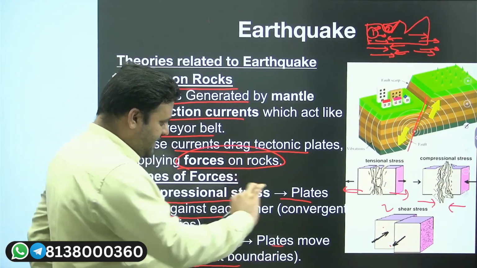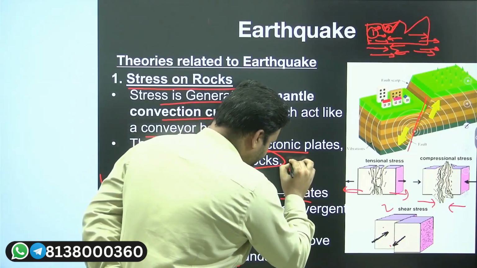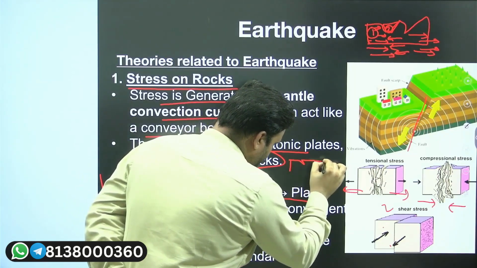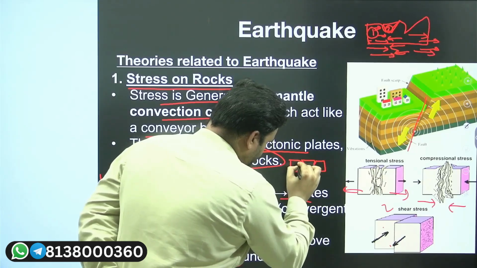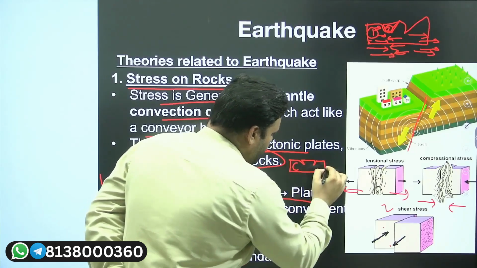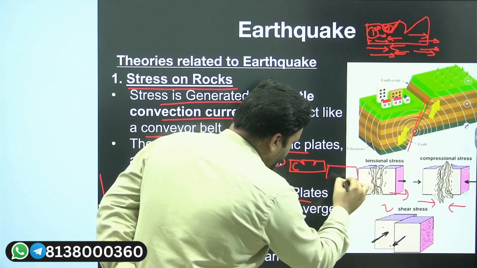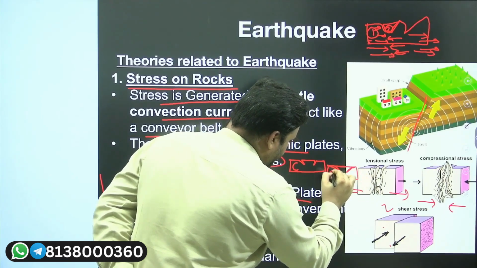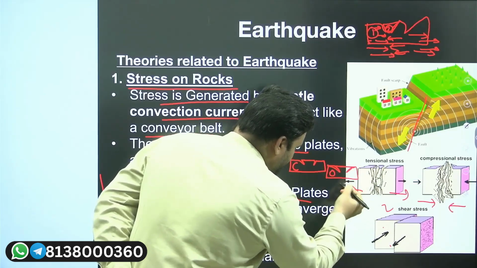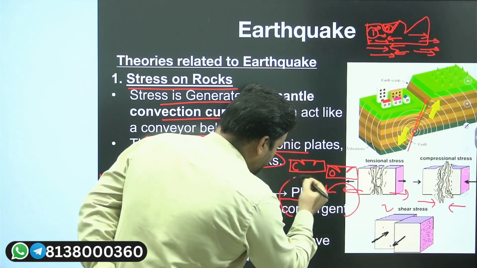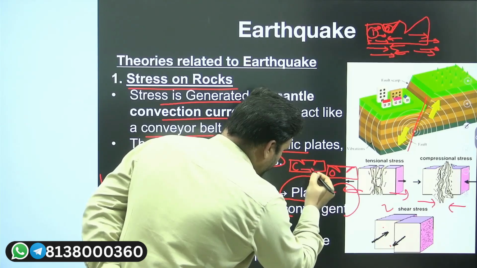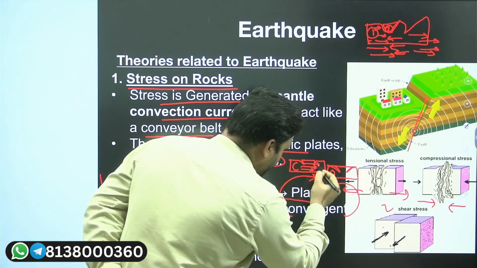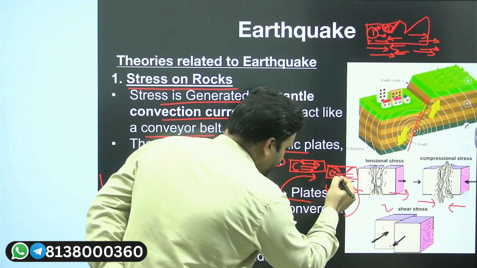So just take an example in this way. Again, try to understand. Continental one. Oceanic one. Mantle convectional currents are operating in this way. So that leads to the building of stress in the rocks in this way. A similar conveyor effect will be there.